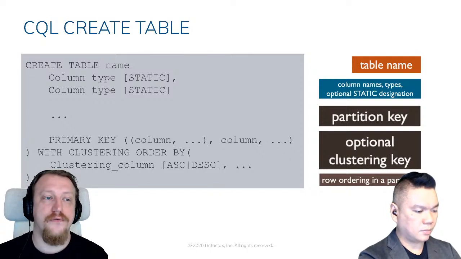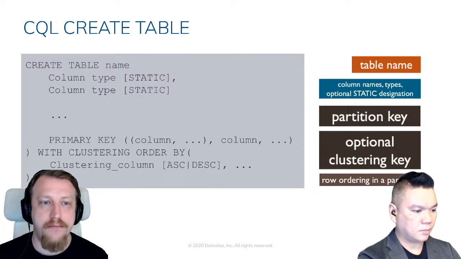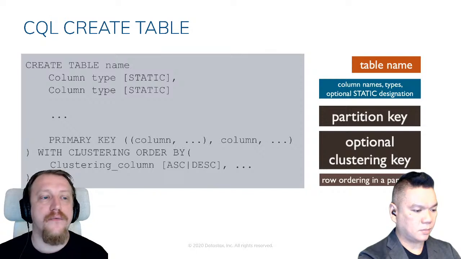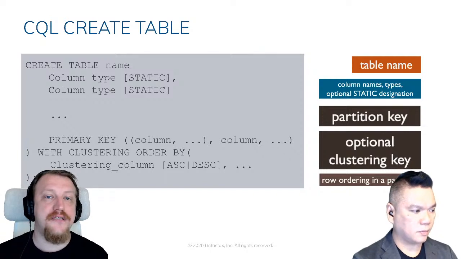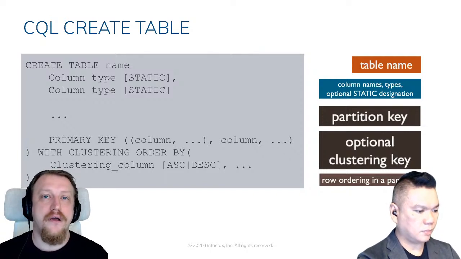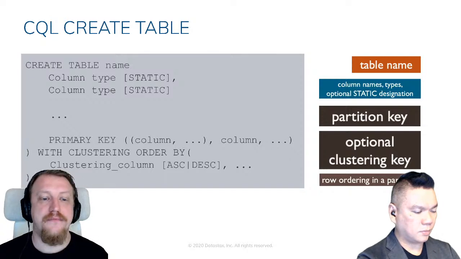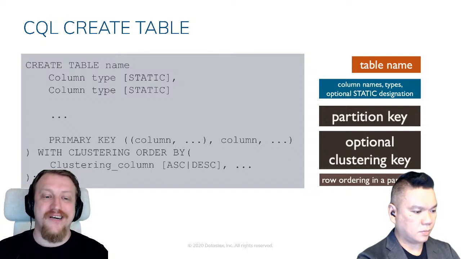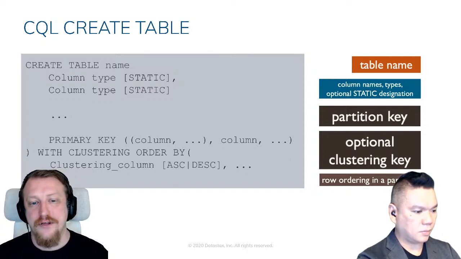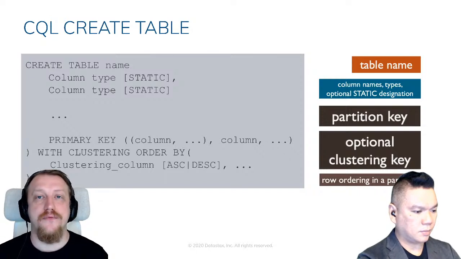So first of all, we create a table with some name, obviously. Then we can define column name, its type, and if it's static. Static means it will have the same value through the partition. Primary key consists of a partition key and clustering columns. Partition key is required.